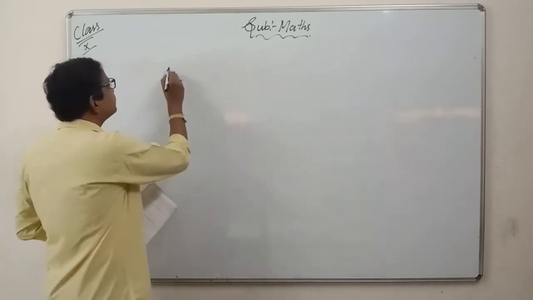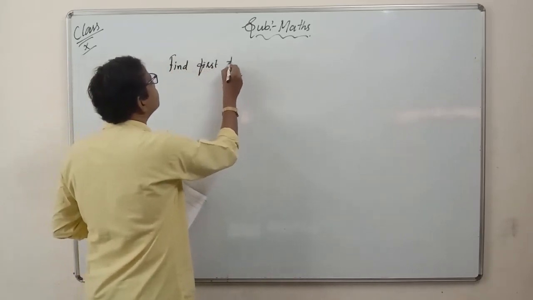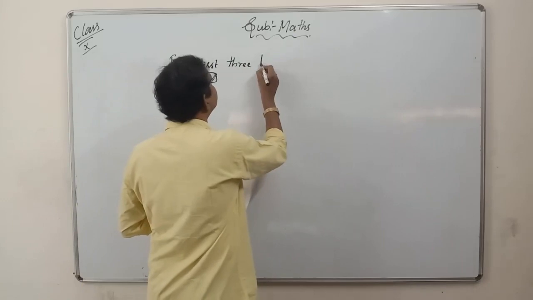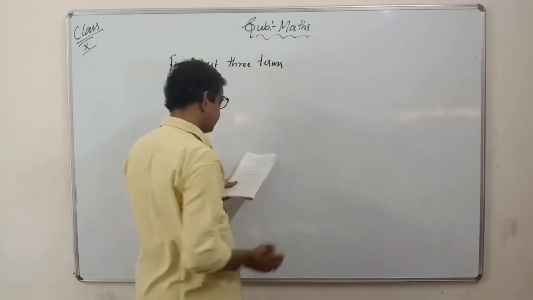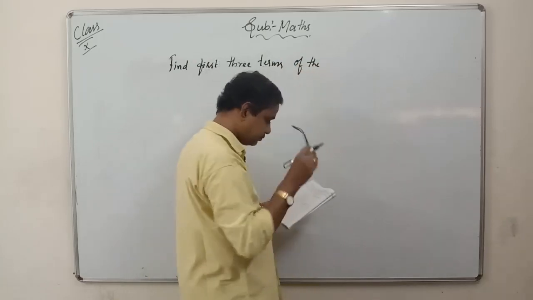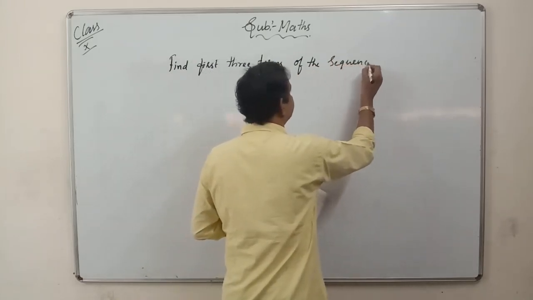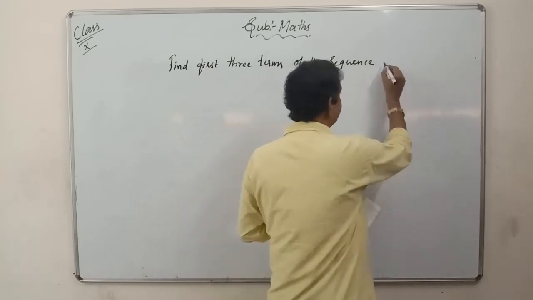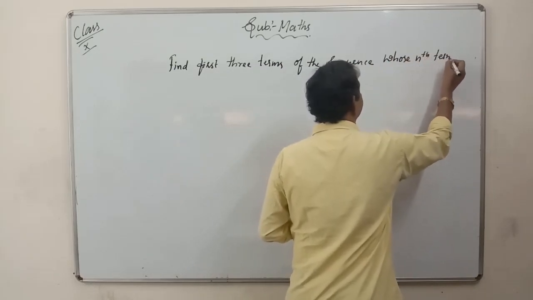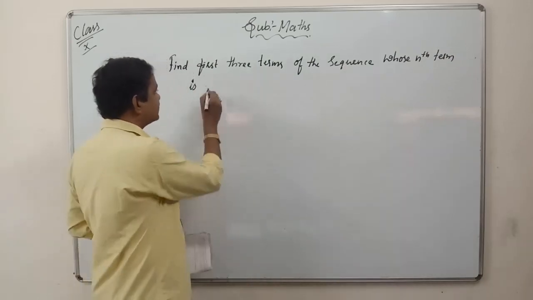Find the first three terms of the sequence whose nth term is 2n plus 3.